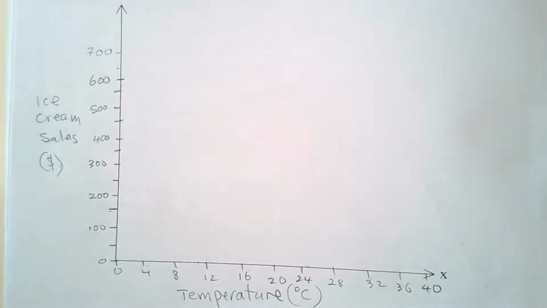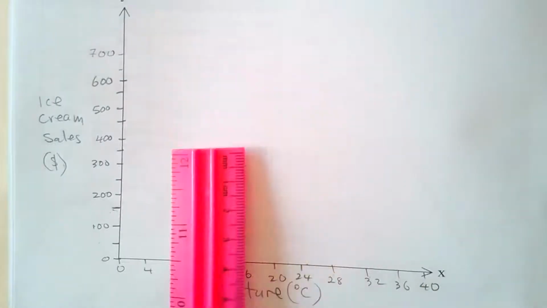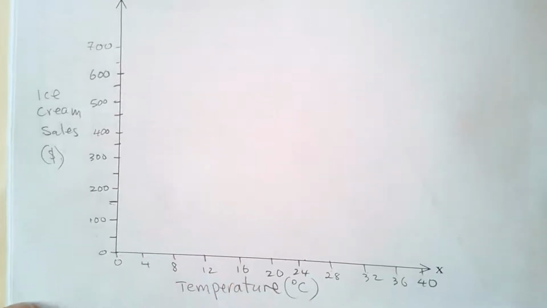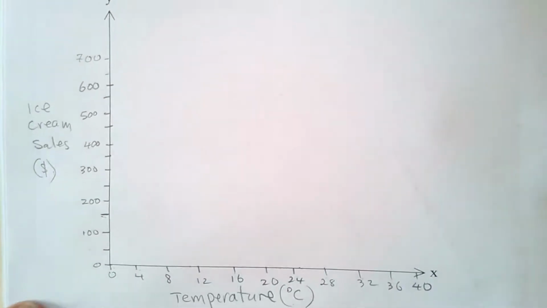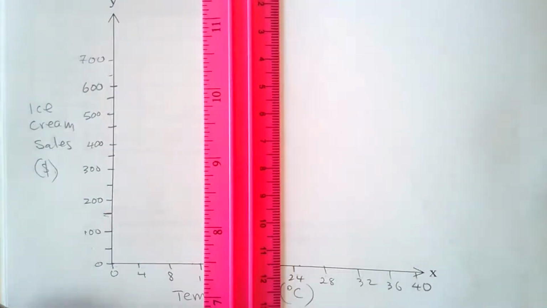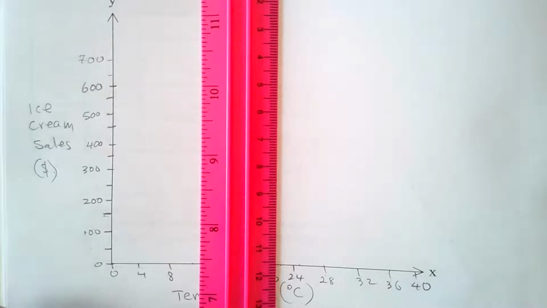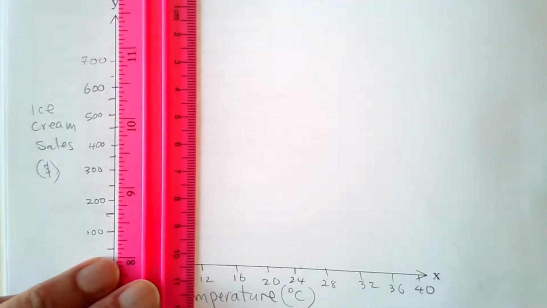My next step now is to plot these points. And I normally would use a ruler because there's no grid line here. So to get more precision, use a ruler. Now the first temperature is 11.9, which is about here. So 11.9 is about 12.